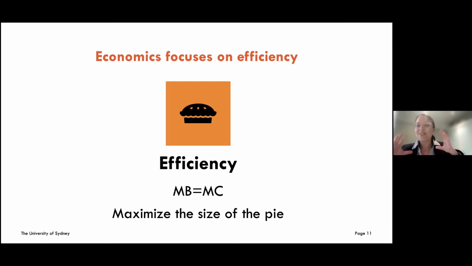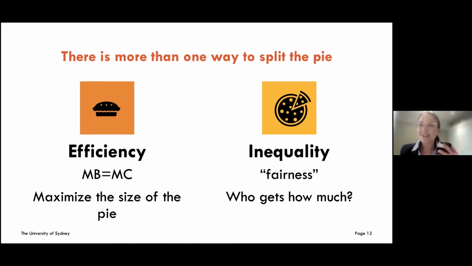So we want to make the aggregate well-being as big as possible. The idea is that if the pie is as big as possible, then we can cut it up in some way where everybody is better off than if we'd made the pie smaller. The problem is that there are an infinite number of ways to slice up that pie. And so I think a lot of the debate of health versus the economy is actually about how we're slicing up the pie.